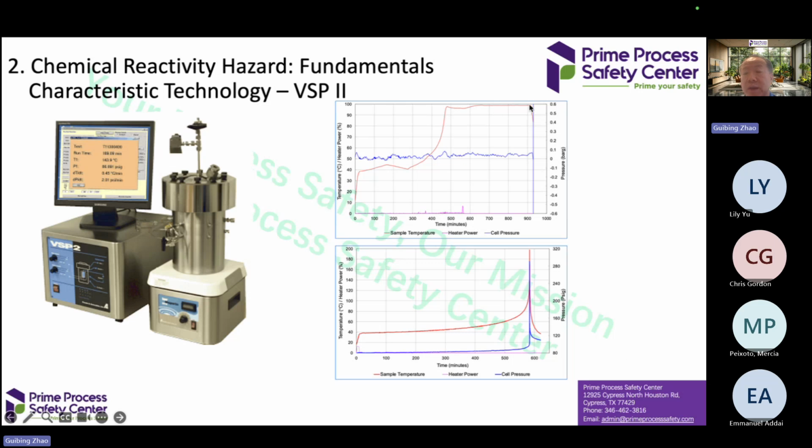That means the heat release rate is equal to the removal rate by vaporization. So this is tempering. Another one shows a gas generation rate test we did. We can use this pressure information to get how much gas generation there could be, which is related to reaction kinetics.